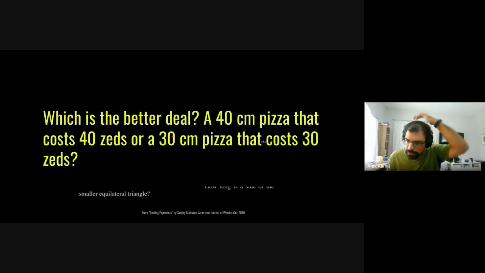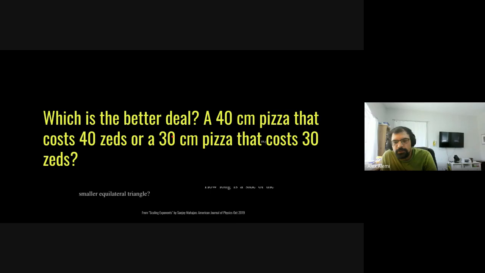So here's another question. This actually shows up on the PISA exam, which they use to test how well schools work in different countries. One of the questions they asked was, you have a 40 centimeter pizza that costs 40 Zeds, some made up currency, or a 30 centimeter pizza that costs 30 Zeds, which is the better deal? And American students do terribly on this question.